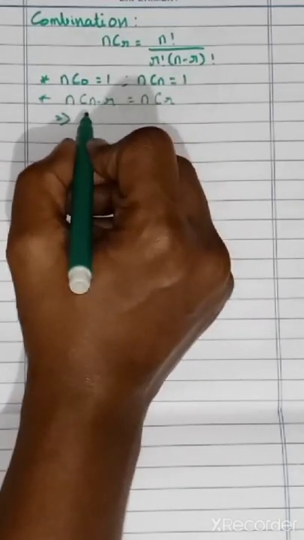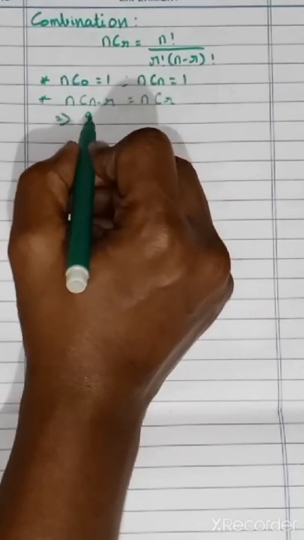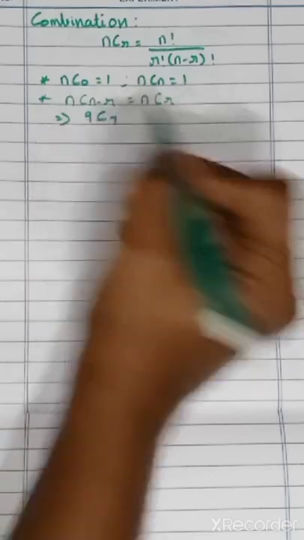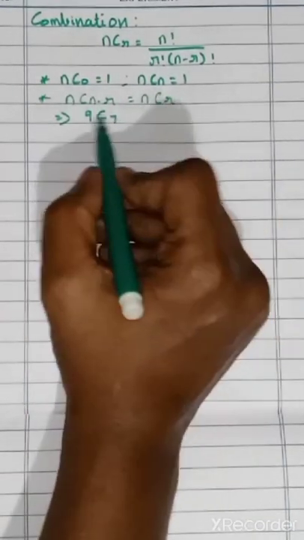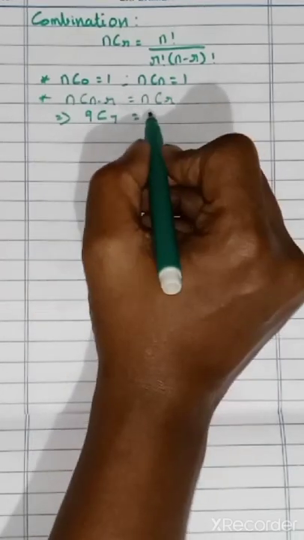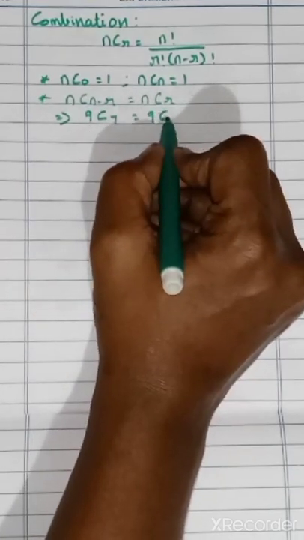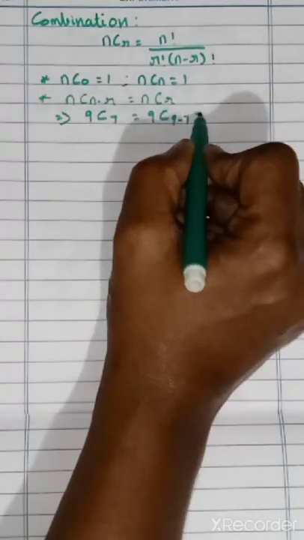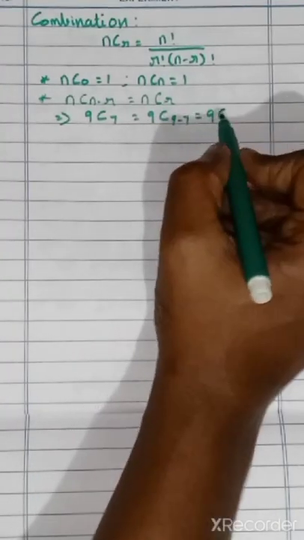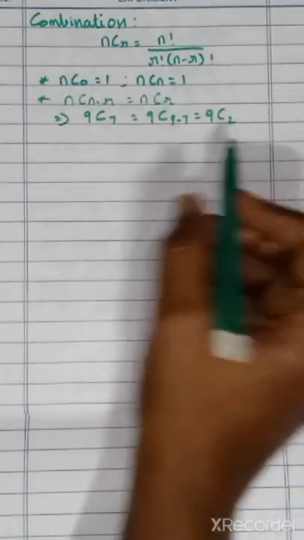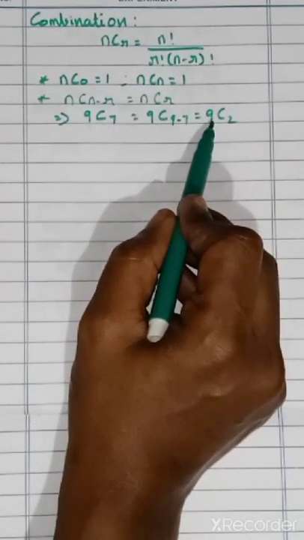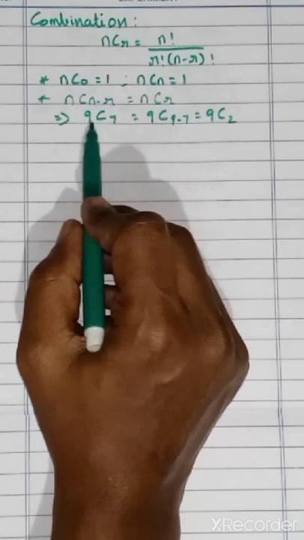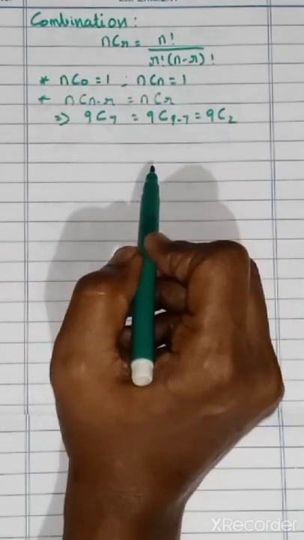Suppose it is 9C7. You can write this as 9C(9 minus 7), that is 9C2. So you can write 9C7 as 9C2, by subtracting like this.